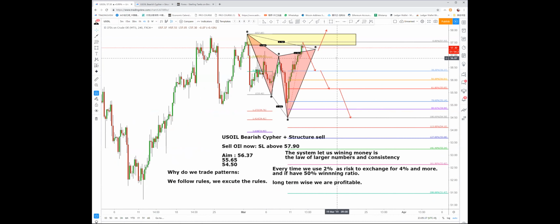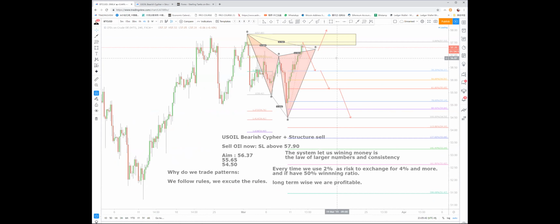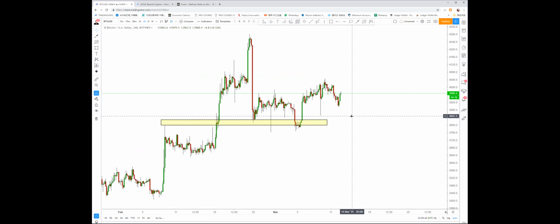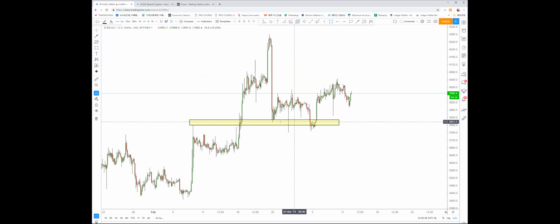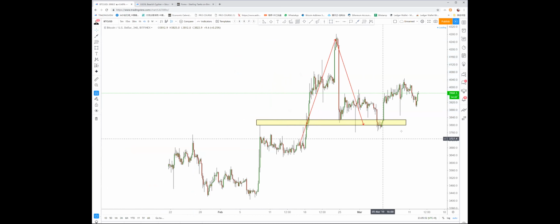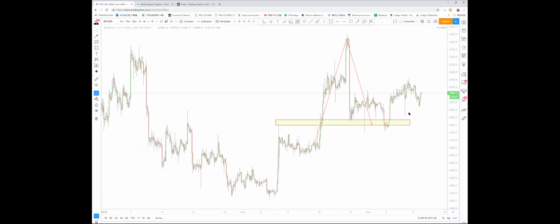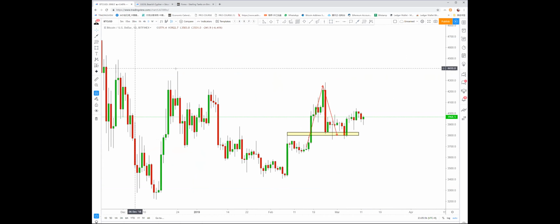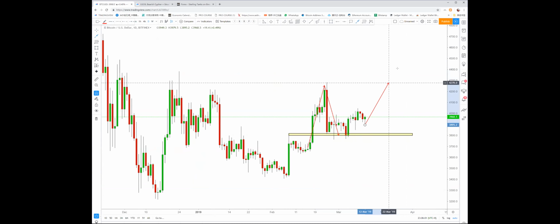Okay. All right. Go to the Bitcoin. Bitcoin is sideways, and Bitcoin really touched this supporting zone. As I said last time, structure breakup and retest. So as long as the BTC is above 3,008, it still has the chance to make another second move up.